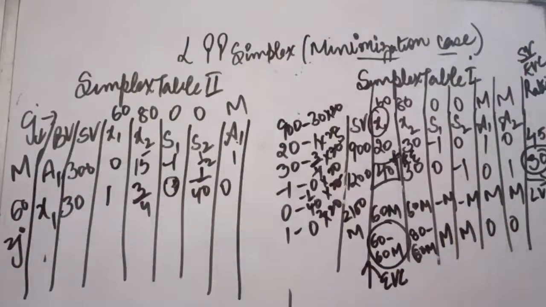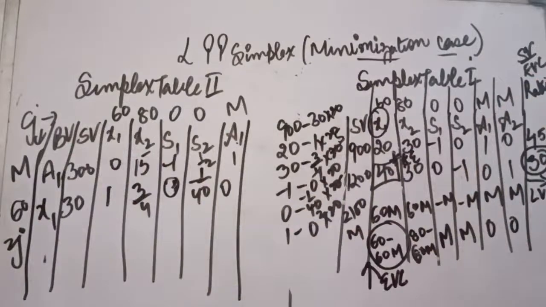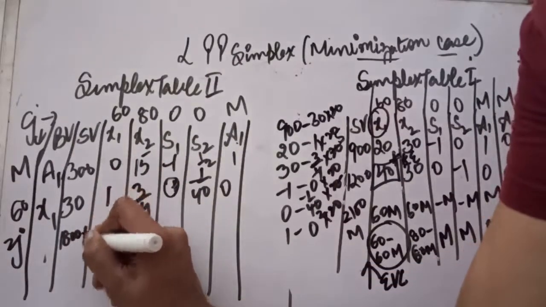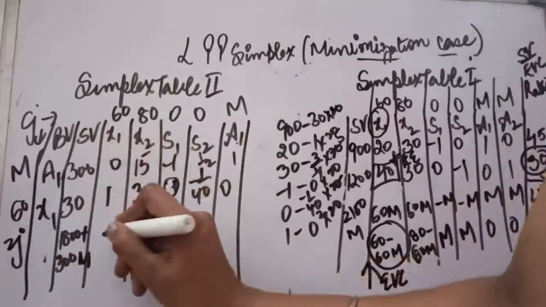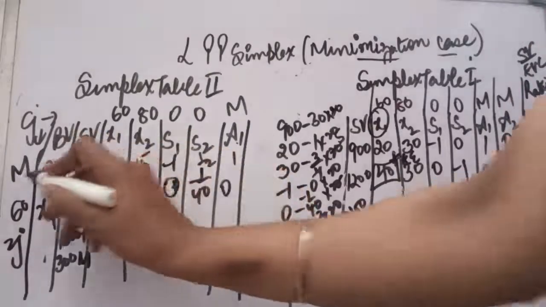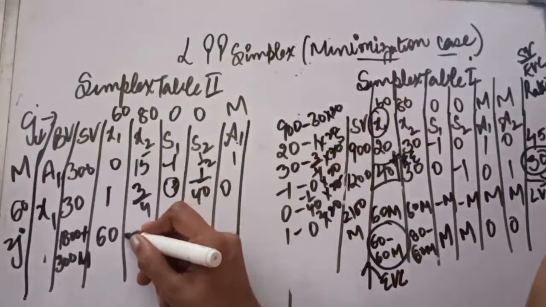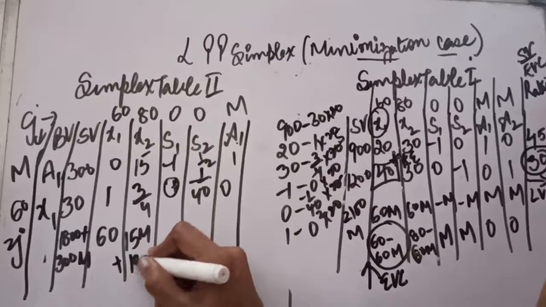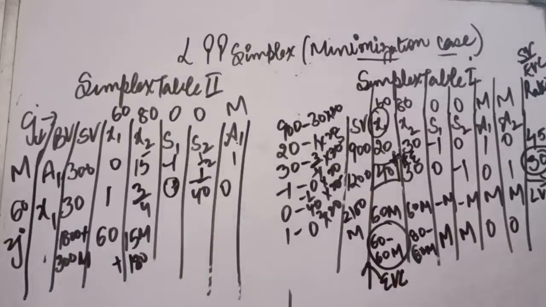The calculation of Zj. This into this, 300m plus 60 into 30, 1800. So this will be 1800 plus 300m. 0. This will be 60. 15m plus 180 upon 4. So it will be 15m plus 180 upon 4. The value of 180 upon 4 will be 45.